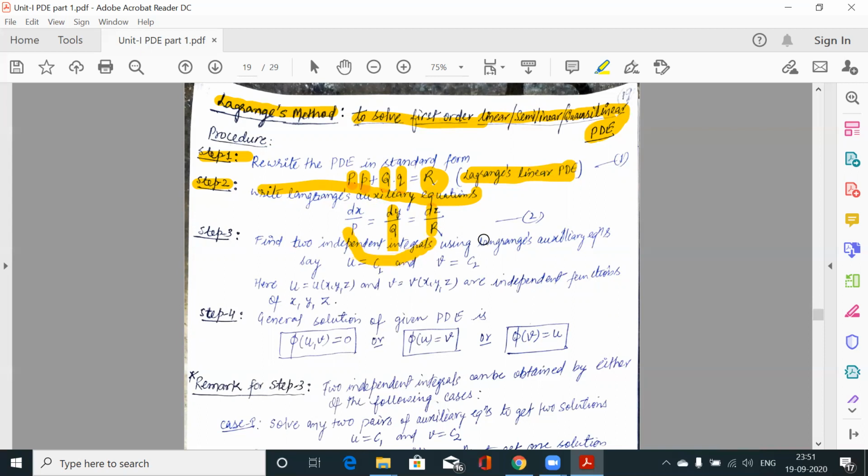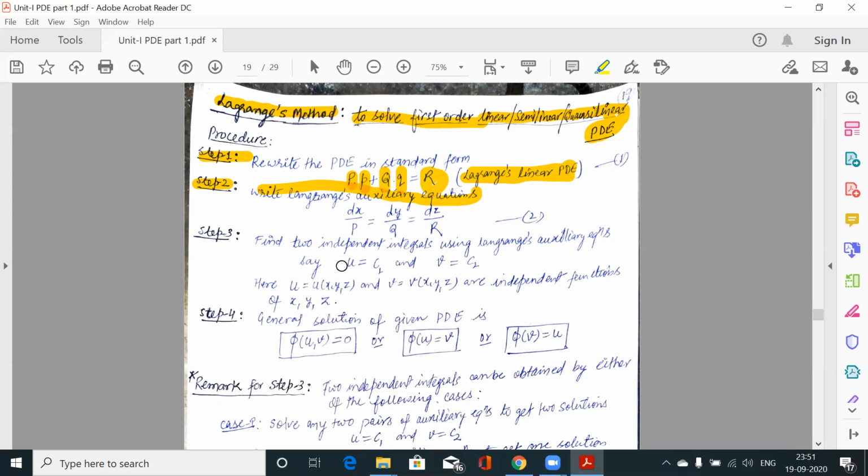So we have three possibilities: the first two, second third, and first third. So we have three possibilities to get two solutions. So using any two possibilities out of these three possible cases, we can get two integrations.